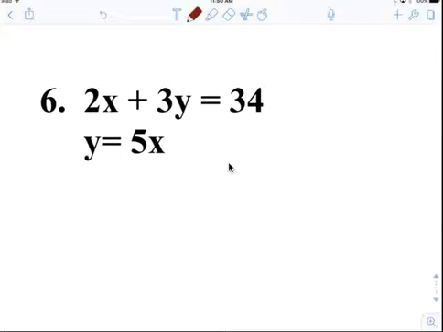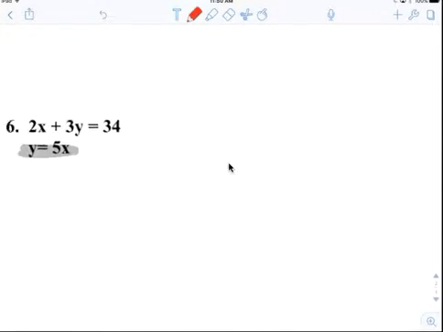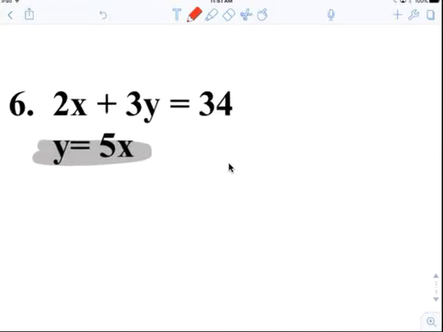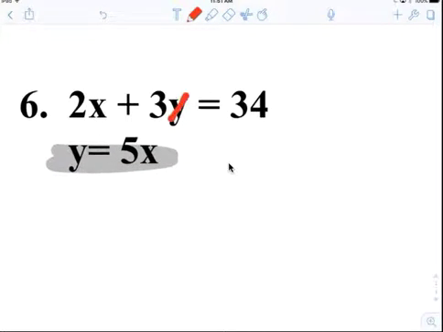You save this one because it's easy, so write that on the side: y equals 5x. Because that's the one you're saving, you cross out the hard one, that y there. And because it's in the middle of everything, you put parentheses there.